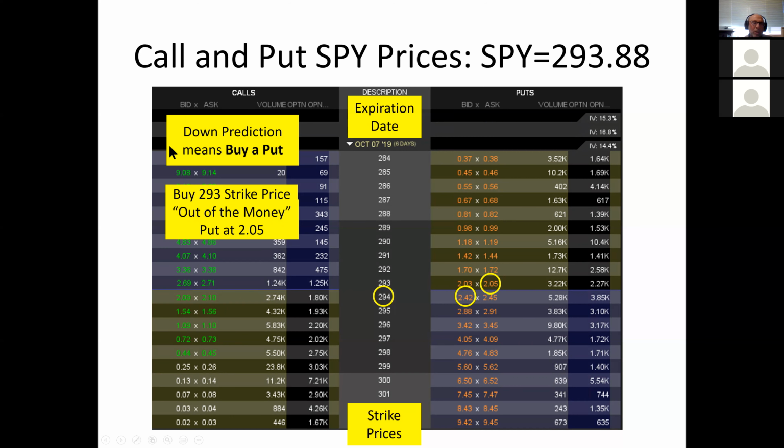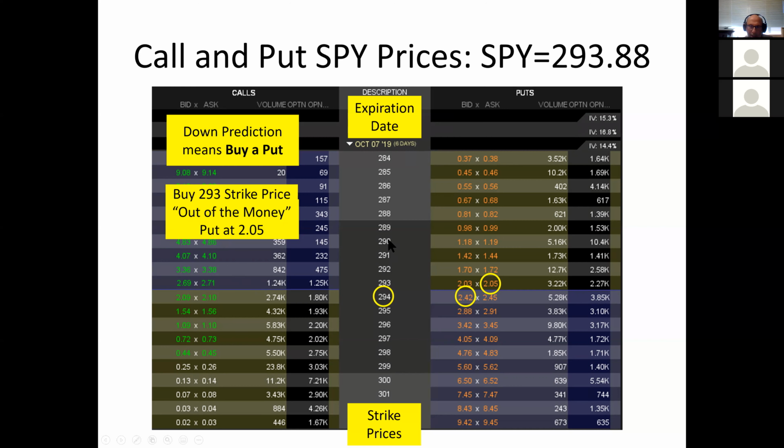If there was a down prediction, that means to buy a put, because you make money as the S&P goes down, and the price of the put will go up. So now we would buy an out of the money put. Out of the money means the wrong direction. You can see here's 294.